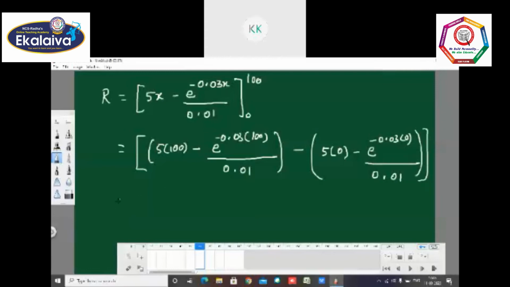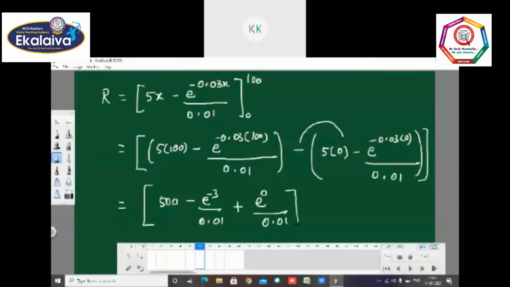Now you can substitute the upper limit minus the lower limit. Upper limit: 5 into 100 minus e power minus 0.03 into 100 by 0.01. Lower limit: 5 into 0 minus e power minus 0.03 into 0 by 0.01.